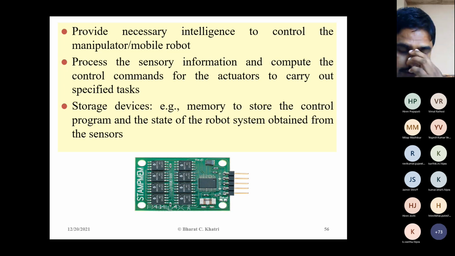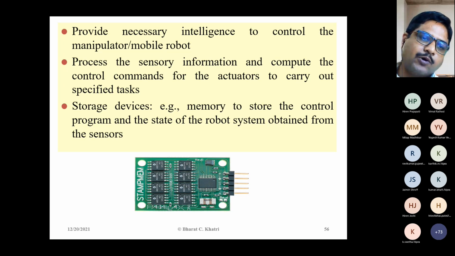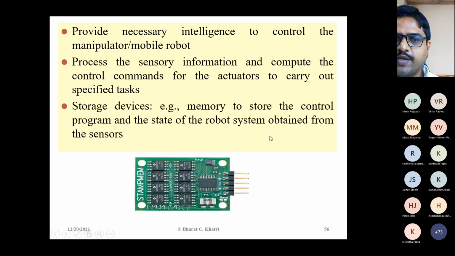Two or three days ago you saw in the newspaper that a lot of automobile vehicles and cars are waiting for the chip. If they get the chip, they can come on the road. All the structure is made, but if there is no chip, it becomes a dead thing. So the chip makes the whole structure alive. Otherwise the thing becomes a stone, or you can say a dead one.